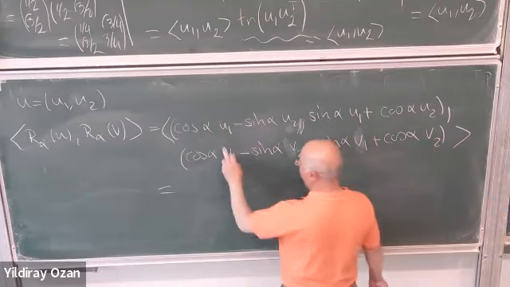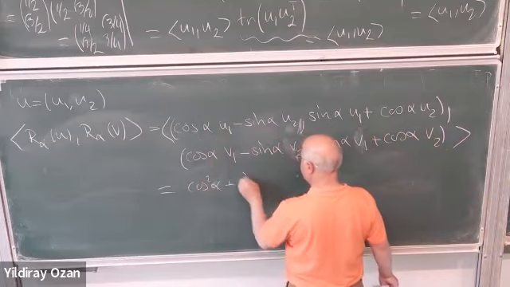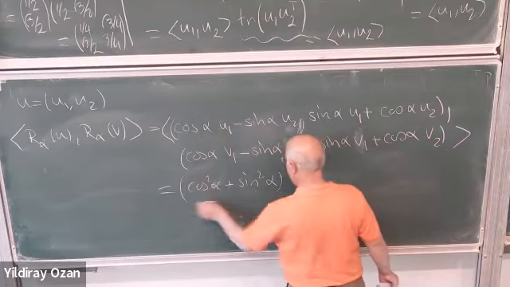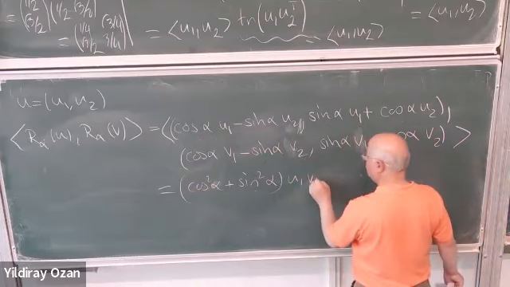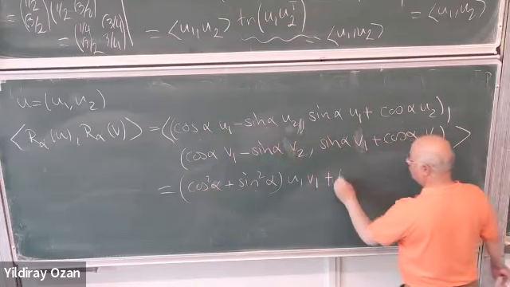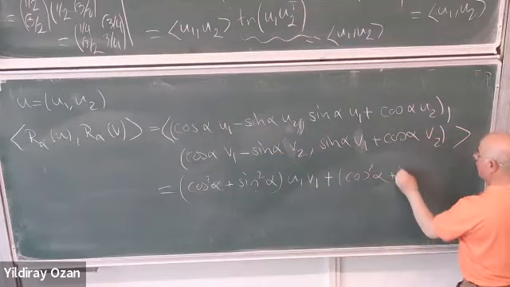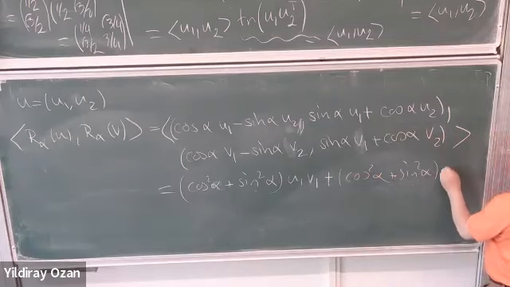So we will just have cosine squared alpha plus sine squared alpha times u1 v1 plus sine squared alpha plus cosine squared alpha times u2 v2.